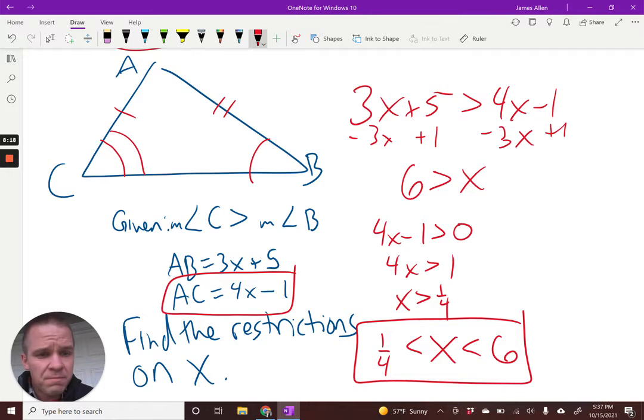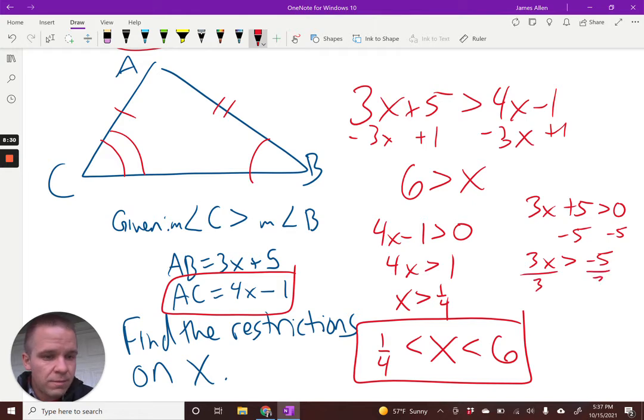Let's just take a look at the other one. If I took 3x plus 5 and set that to be greater than 0, like I did the other one, negative 5. Right, so 3x is greater than negative 5, divide by 3, and I get x is greater than negative 5/3. Okay, cool.